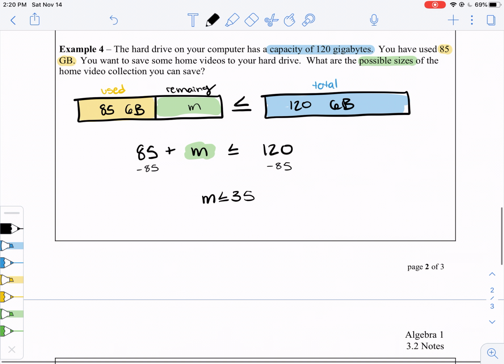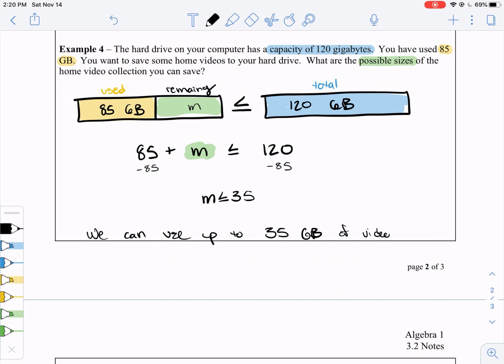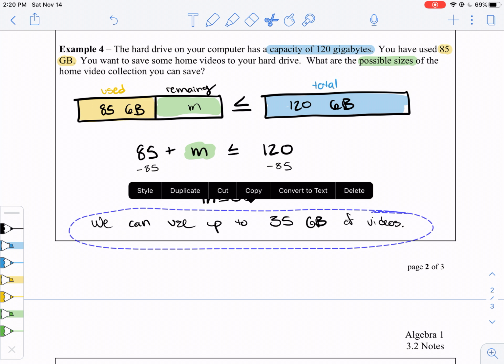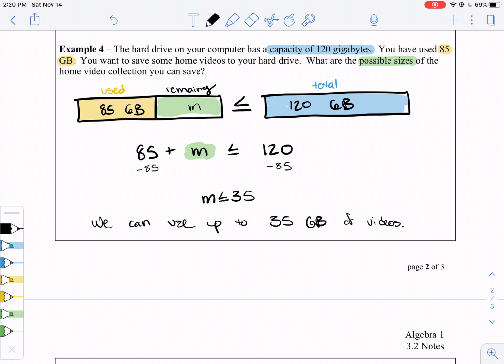So we can use up to 35 gigabytes of videos. And depending on the lengths of your videos, that's a pretty fair amount. It's not a whole lot, but it's respectable.